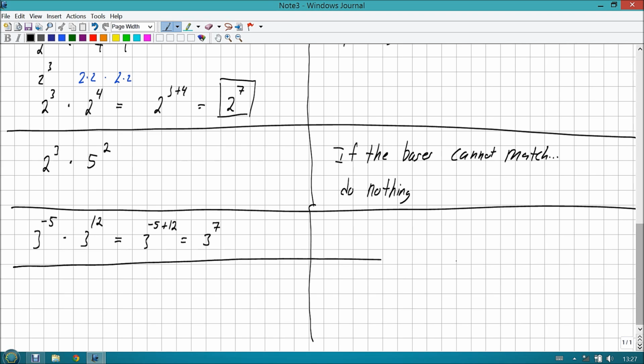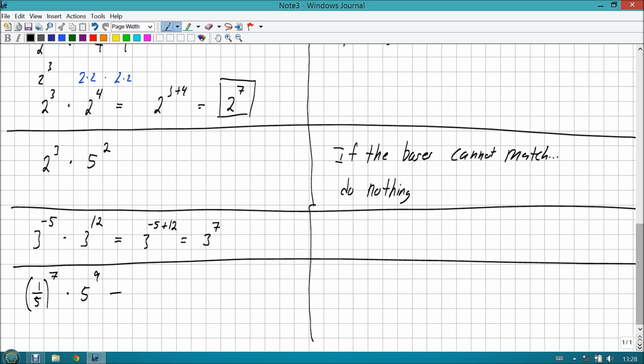Alright. Which means that if I have something like 1/5 raised to the 7th power times 5 to the 9th, what do you think we do here? We go back to trying to make the bases match, which means that I can do one of two things.